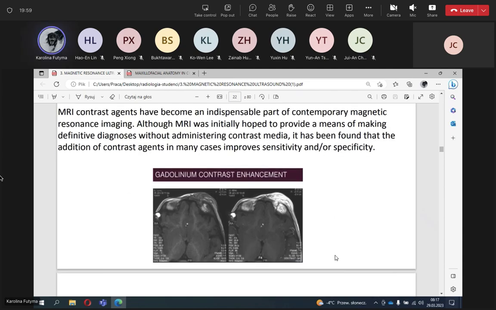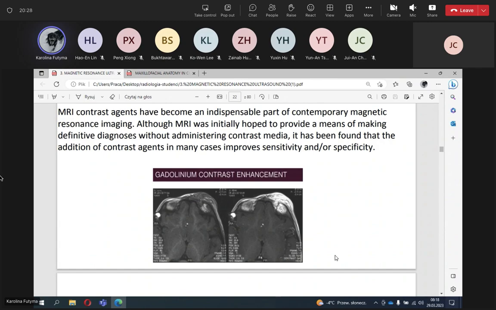Okay. MRI contrast agents have become an indispensable part of contemporary magnetic resonance imaging, of course. Although MRI was initially hoped to provide a means of making definitive diagnosis without administrating contrast media, it has been found that the addition of the contrast agents in many cases improves sensitivity and or specificity.